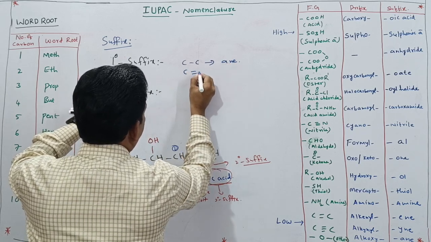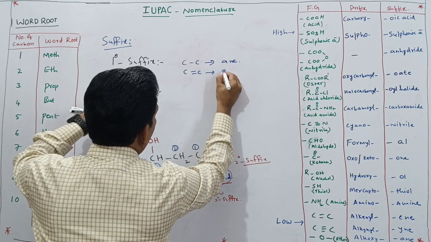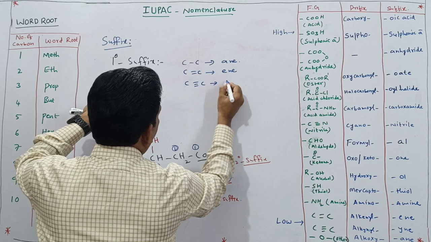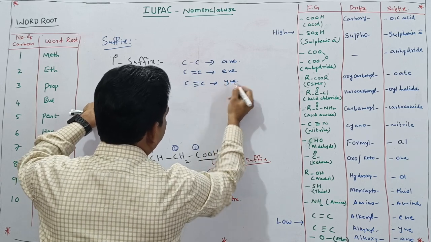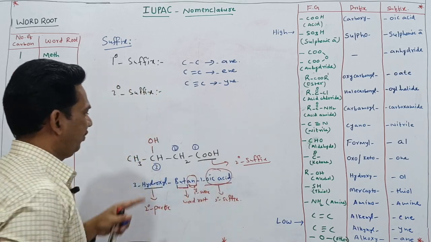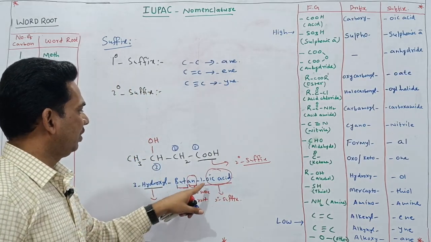If it has a carbon-carbon double bond, it is called ene. If it has a carbon-carbon triple bond, we call it yne. We always mention these suffixes after the word root.